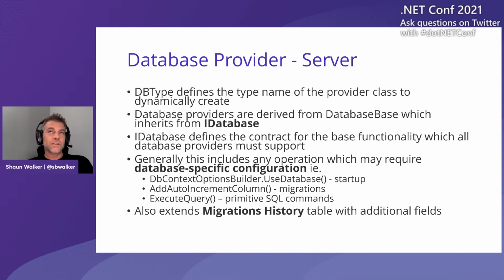There are migration commands that differ as well between different database providers in EF Core. For example, things like creating an auto increment column. An identity column in SQL Server is done differently in SQLite or some of the other relational databases.